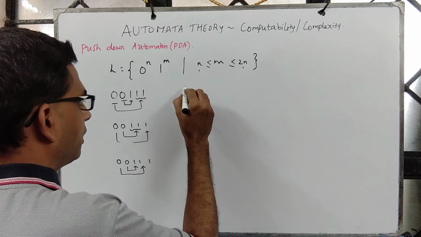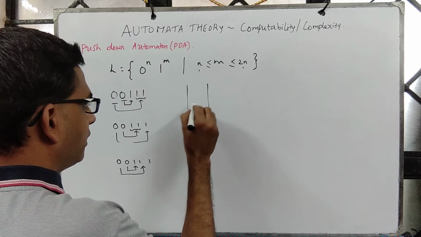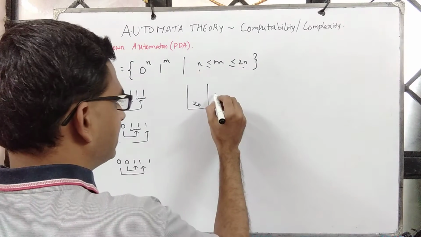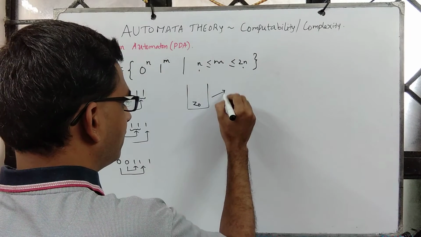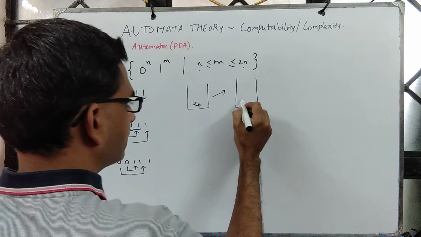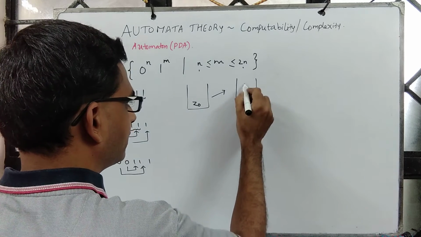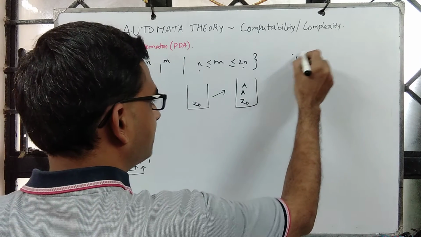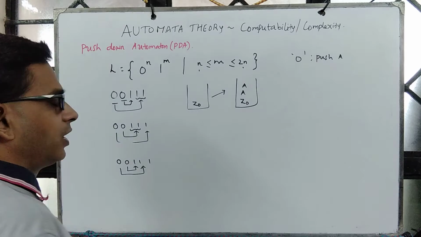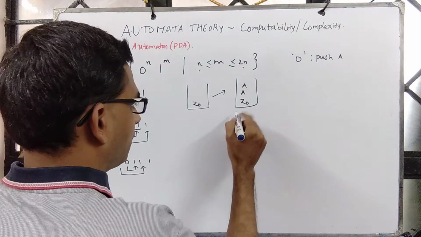So for example, to start with, it is Z naught, and from Z0 when we read two zeros it becomes this, because our description says for 0 push A. Now from this what all can happen?